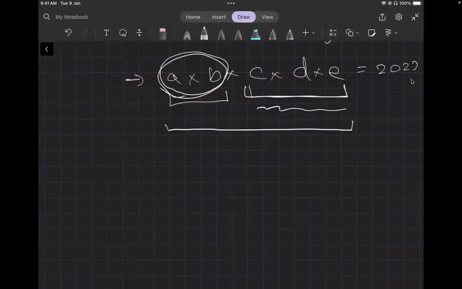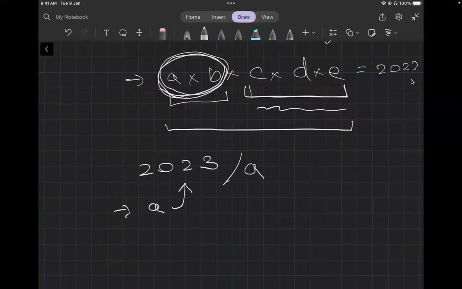Now, if we are given this, what do we have to check? First, we have the number 2023. Let's say we get the first element, let's say A. First, we need to check if this is a factor of whatever number we have right now or not. If it is a factor, I will just divide by this particular number.